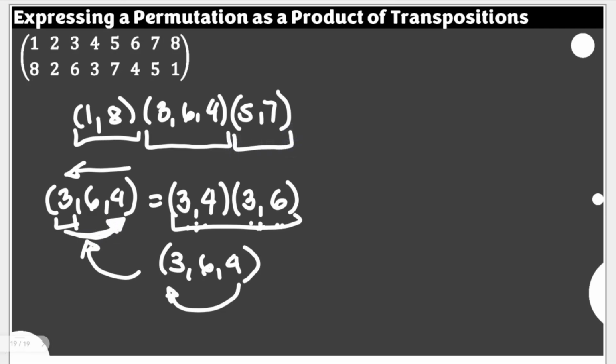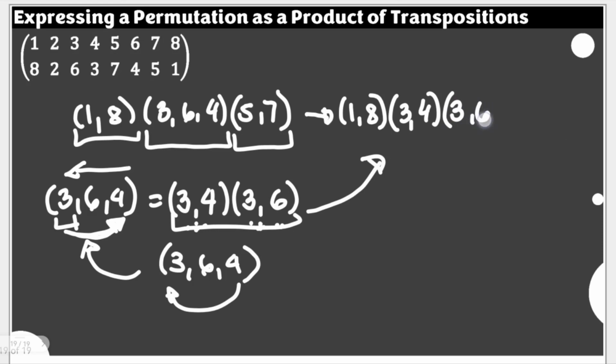So we can express this in a new form using transpositions: (1 8), then (3 4) and (3 6), then (5 7). We have 4 transpositions that will result in the said permutation.